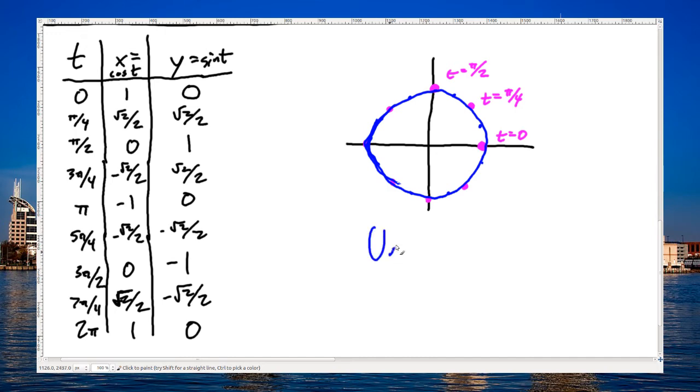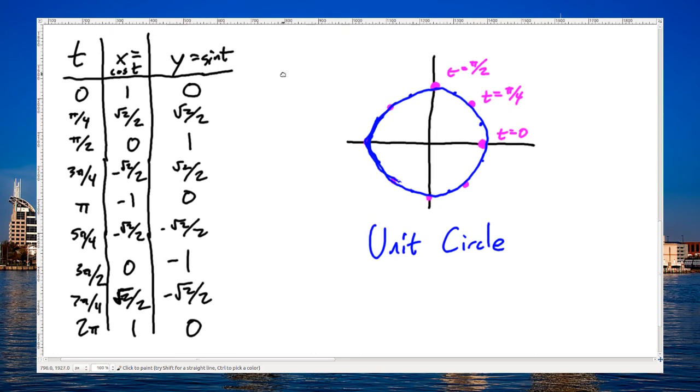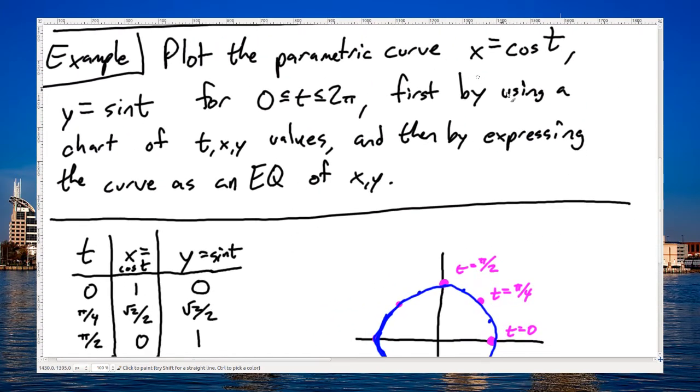This is, of course, the unit circle. And so the unit circle is simply a pair of parametric equations. We take our angle, our t value, and then the x and the y tell us cosine and sine, respectively. Okay, there's another reason to believe this is the unit circle. So this was my success in using a chart of t, x, and y values.